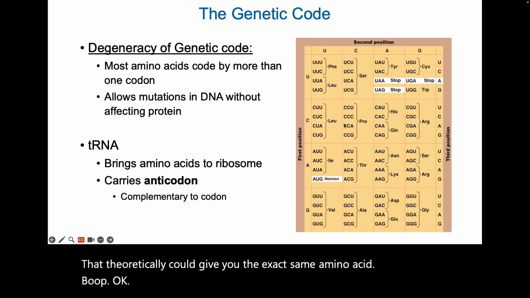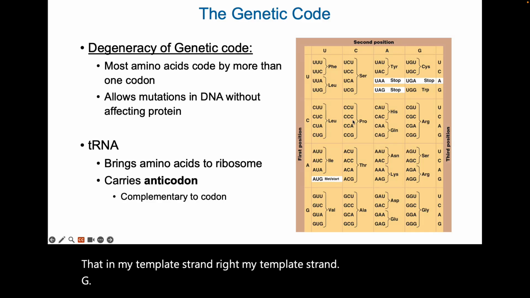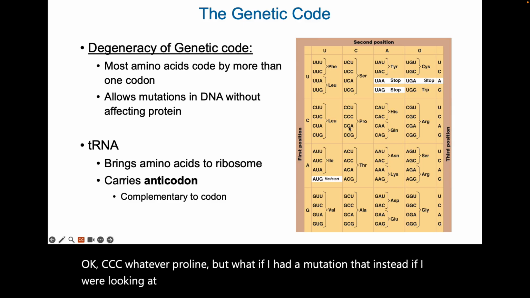So if I had a mutation in my template strand, right, GGG, okay, CCC, whatever, proline. But what if I had a mutation that instead, if I were looking at the strand, it's GGT? CCA. Still proline. And I can make a mistake and it's okay.